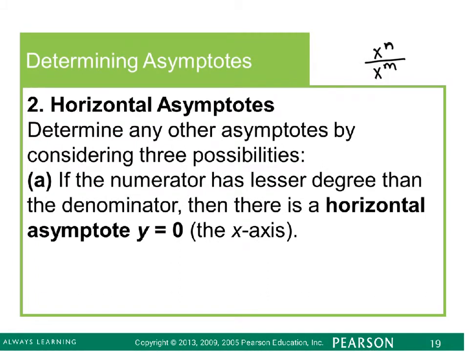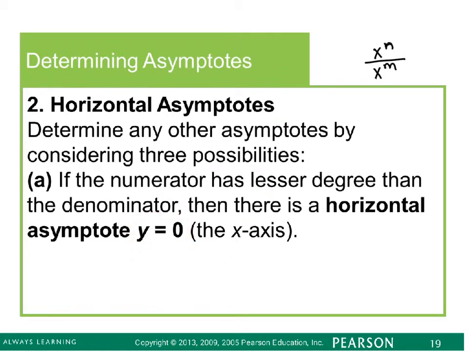Here's how to determine horizontal asymptotes, and there are 3 possibilities that we have to consider. In case A, if the numerator has lesser degree than the denominator, then there is a horizontal asymptote at y equals 0.